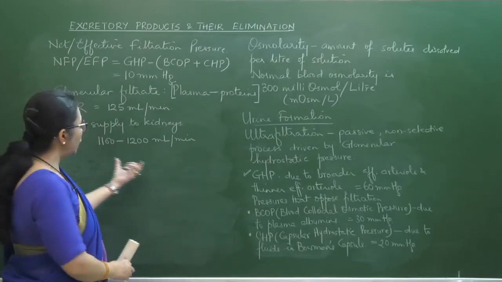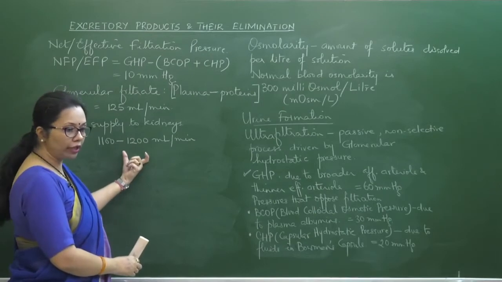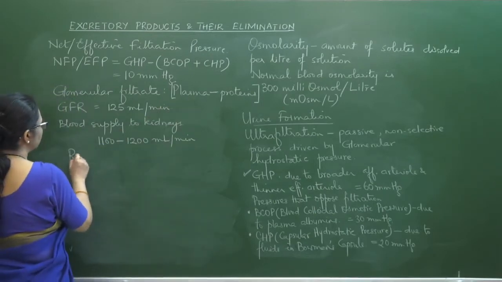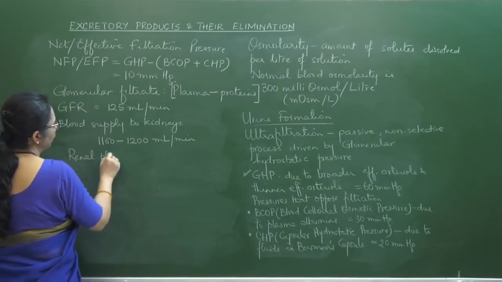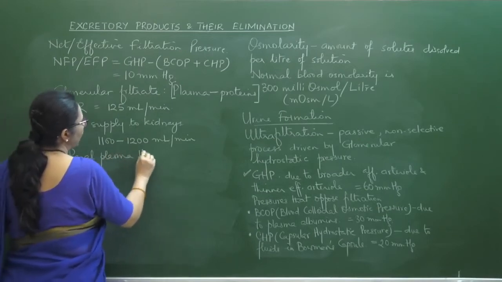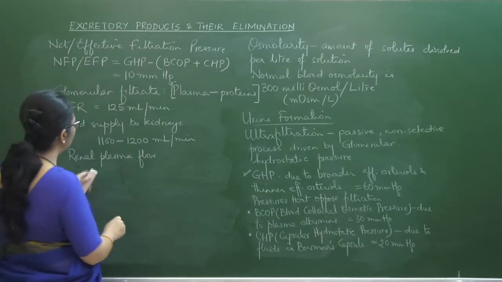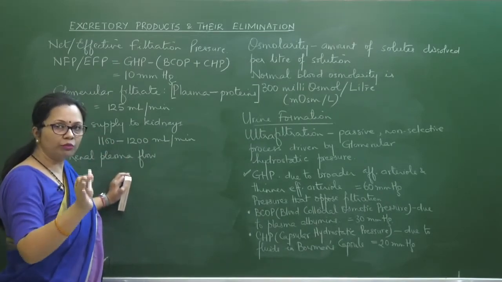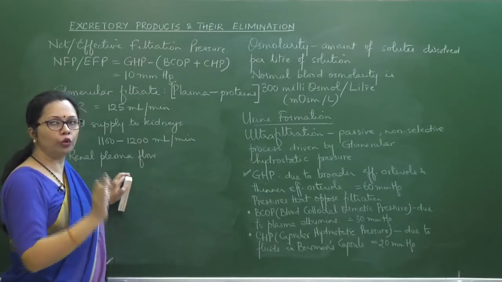Okay, and out of this, what is actually getting filtered is the plasma. So the renal plasma flow is the amount of plasma that flows through the kidneys per minute. You know that plasma is 55% of the total blood, we have done that in the blood.